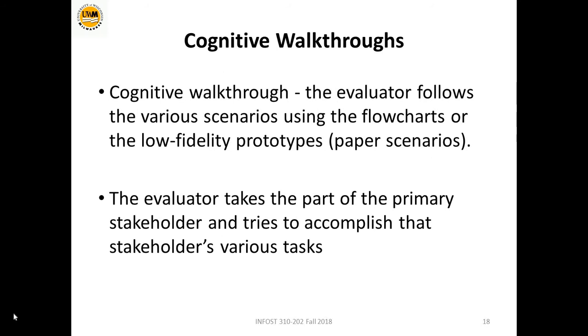For example, if he has flow charts of functionalities, or if he has paper scenarios, he should follow these scenarios with the users to make sure that the design performs the functionalities that it was designed to perform. The evaluator in this case takes part as the primary stakeholder, and he tries to accomplish the stakeholders' various tasks.